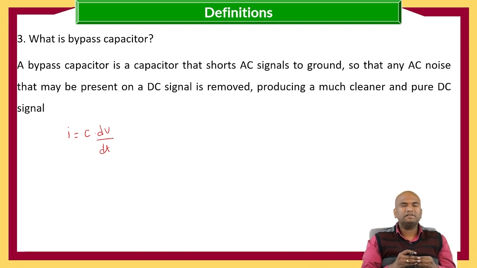So a bypass capacitor makes a short circuit for an AC signal so that any AC noise present in the DC is removed, producing a much cleaner and pure DC signal.